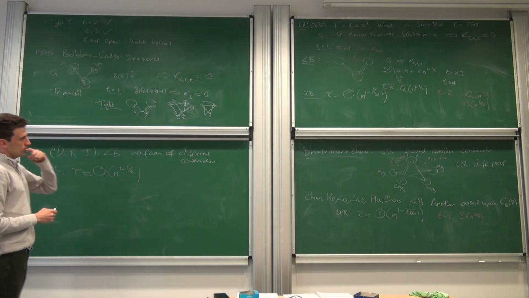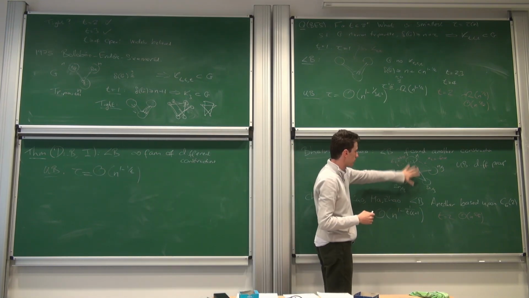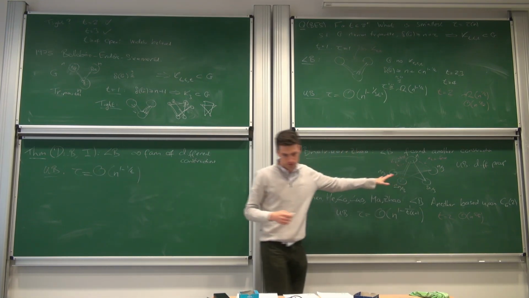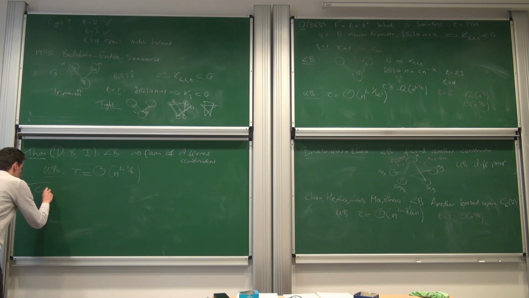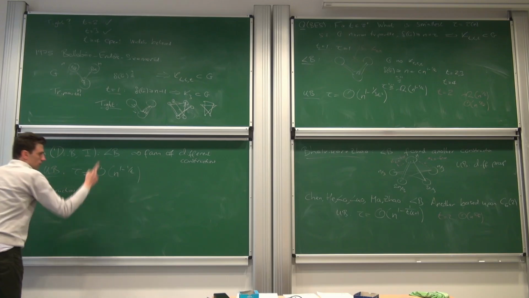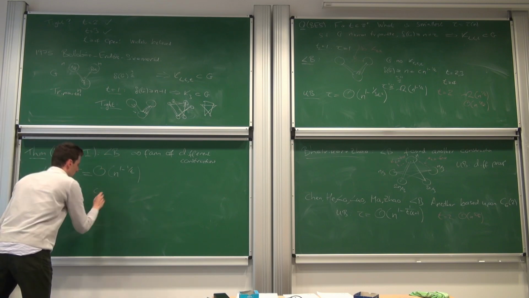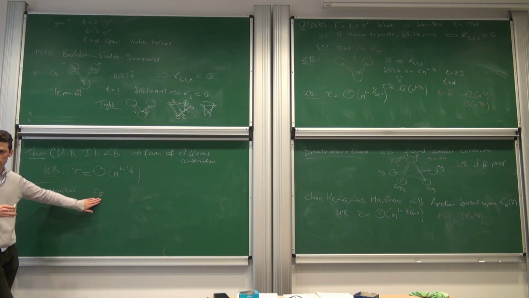So if we just look at this construction, what was important? We had the 5 cycle, and then we blew it up and added some edges. But what were the key features of the 5 cycle?